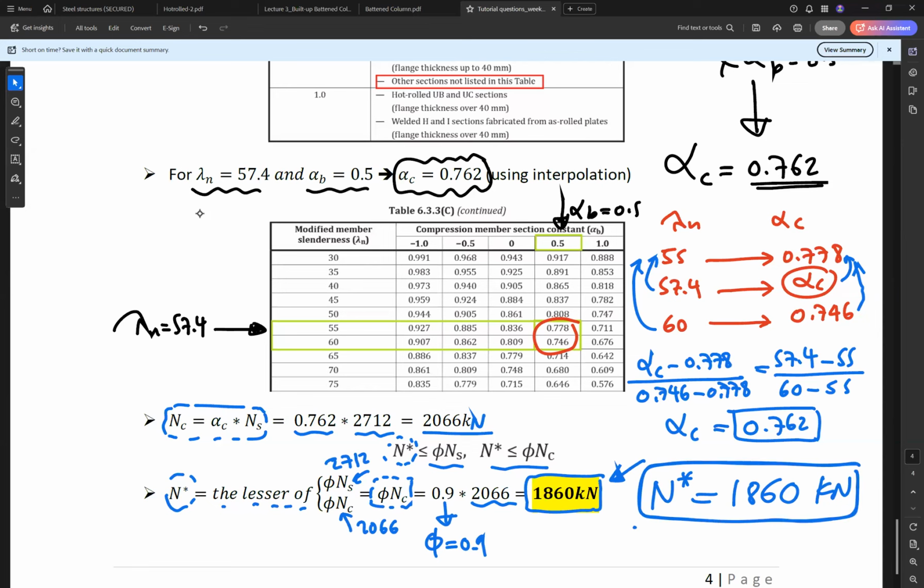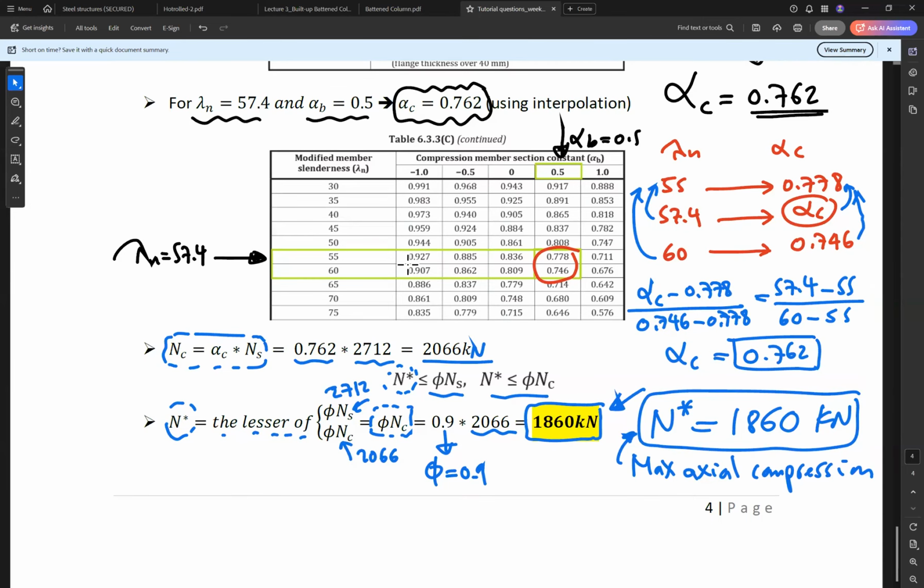This is the maximum axial compression that can be applied to this member. Okay, so this is the requirement and this is the final step of the solution. And if you have any question, please let me know. Thank you.